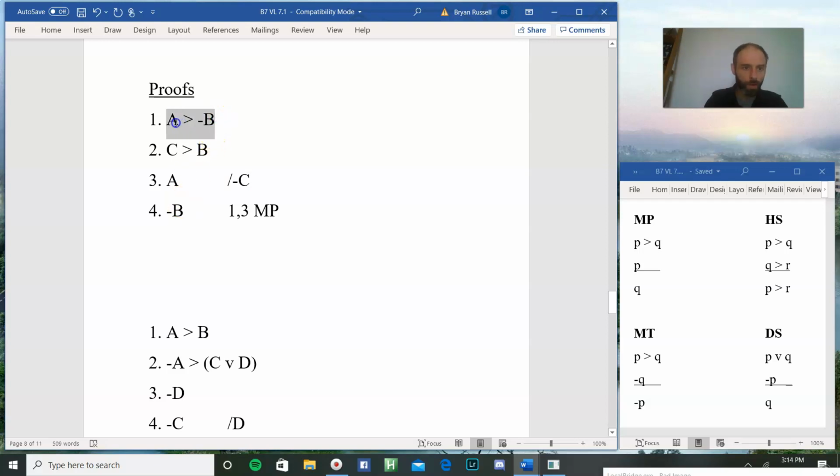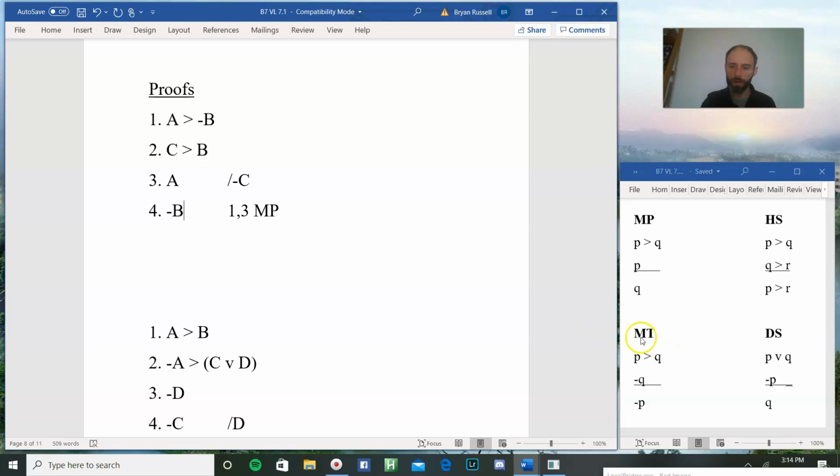Can we use line 1? No. We had tilde B up here as the consequent, but it's not the negation of the consequent, it just is the consequent. We don't have any rule that allows us to use the consequent to derive the antecedent. That's a fallacy. How about line 2? On line 2, we have C horseshoe B, and here we have not B, so that's actually the negation of the consequent.